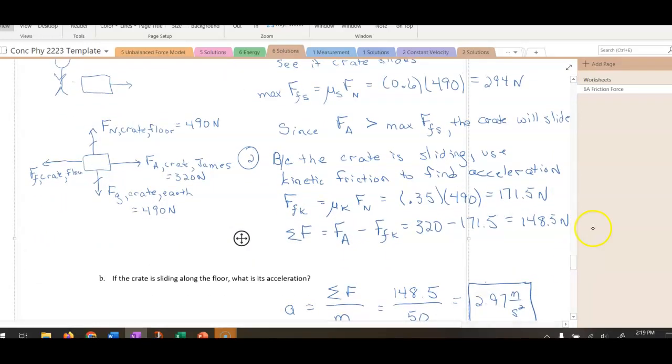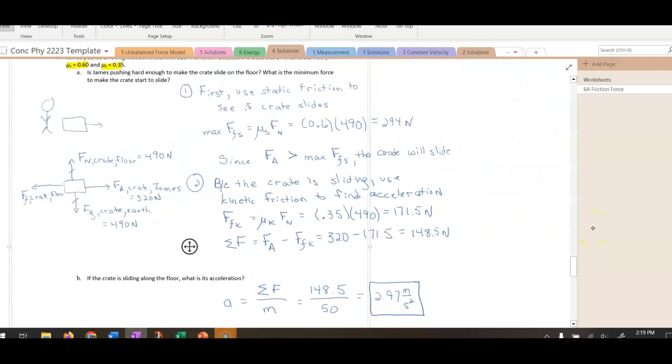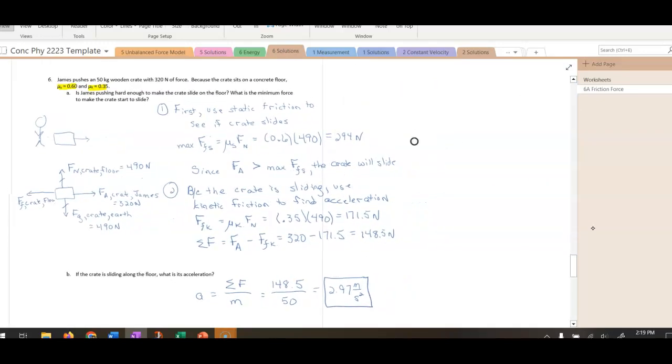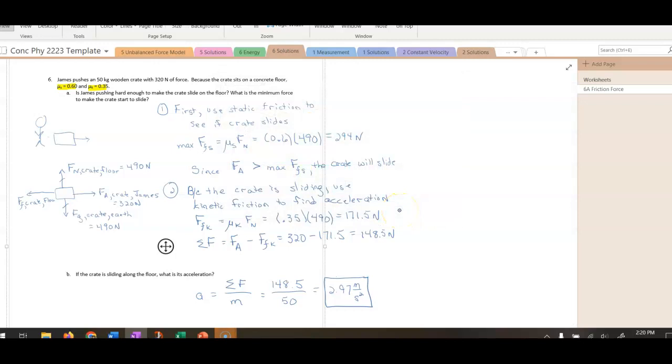Okay, so just recapping that strategy. When a problem gives you both the static and kinetic coefficients of friction and asks you, will it slide? The first thing you want to do is use the static friction to see if the crate slides.